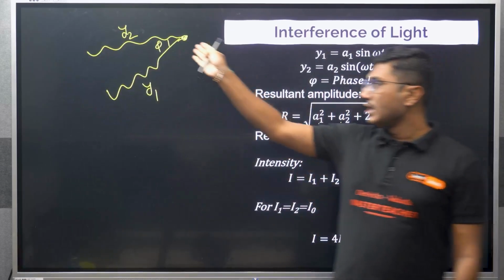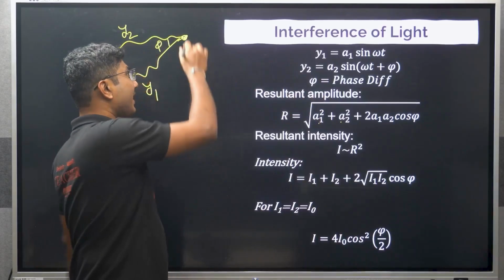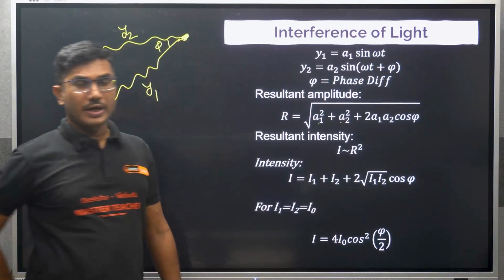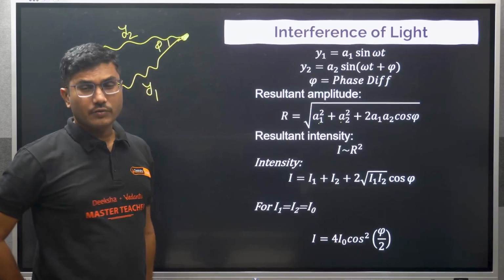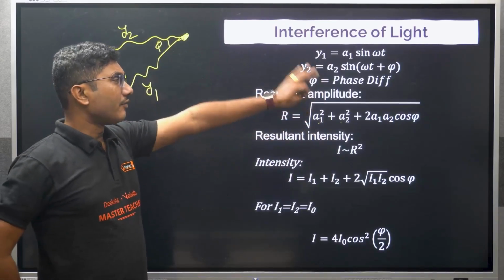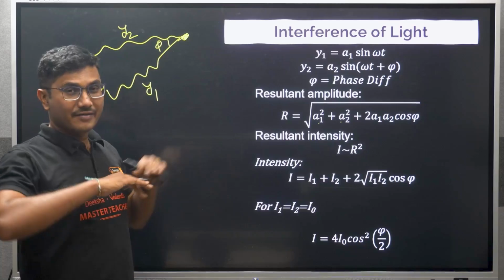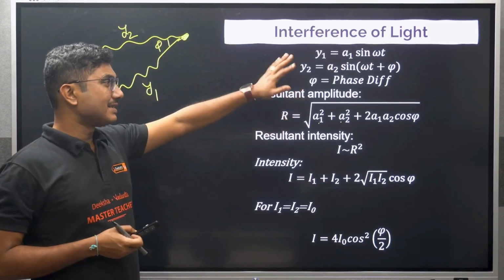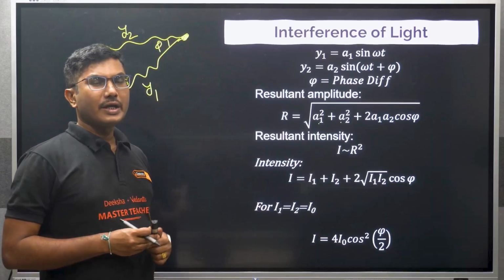Now if this phase is constant with time at a particular point, then they are called coherent sources. If this phase is not constant over time, then they are called incoherent sources, and this resultant amplitude will change and you will see an averaged out value. You will not see any change in the intensity, only some averaged out values.